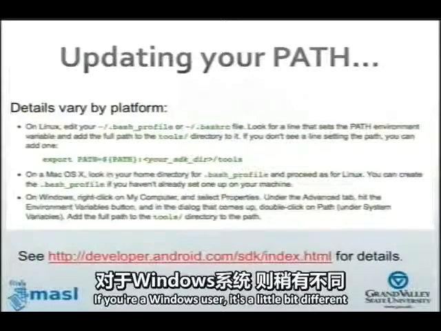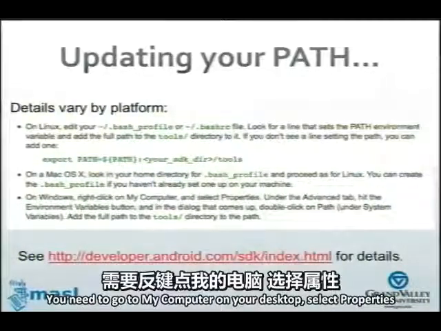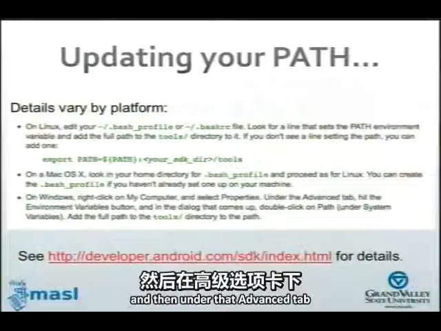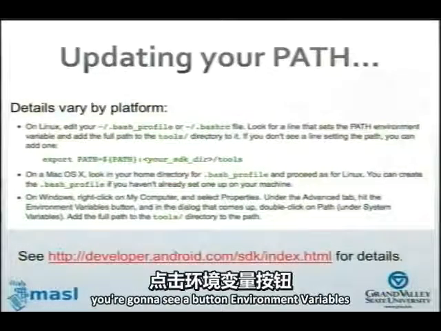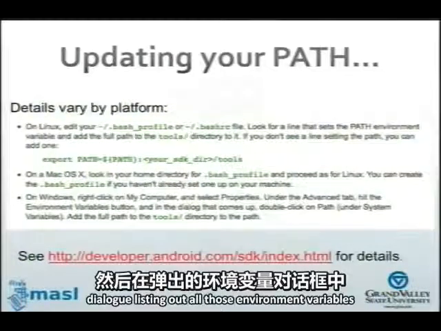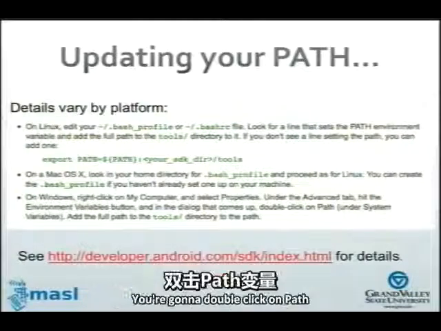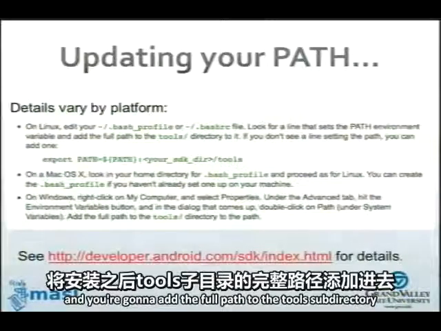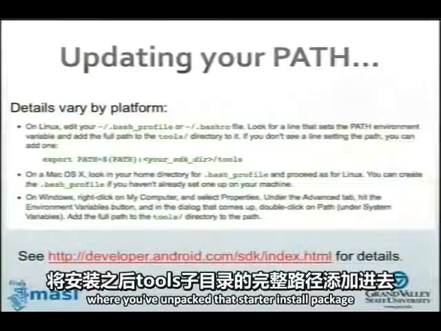If you're a Windows user, it's a little bit different. You need to go to My Computer on your desktop, select Properties, and then under that Advanced tab, you're going to see a button, Environment Variables. And then once you do that, you're going to have a dialog listing out all those environment variables. You're going to double-click on Path, and you're going to add the full path to the tools subdirectory where you've unpacked that starter install package.